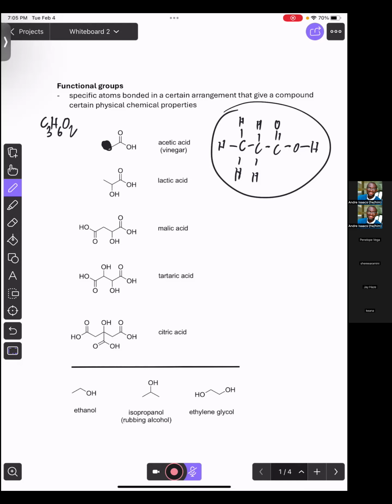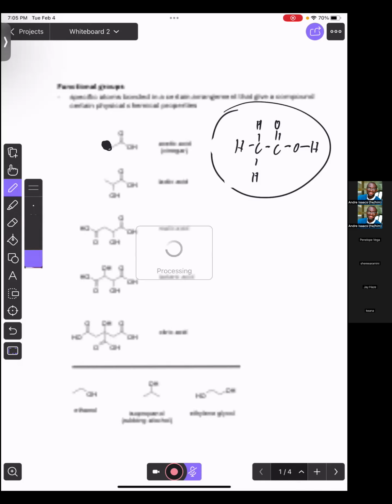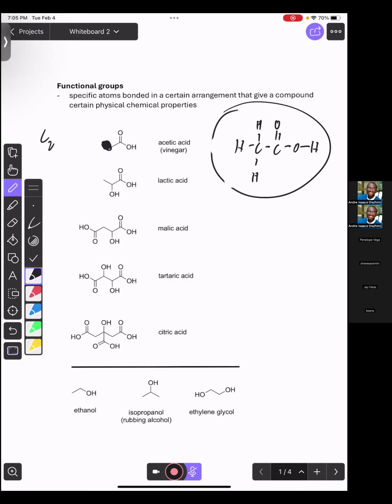This is what I actually wanted to draw for you all, which would have been C2H4O2. I could have given you this formula and you would have drawn something, and this would have been one of the potential structures you would have drawn.